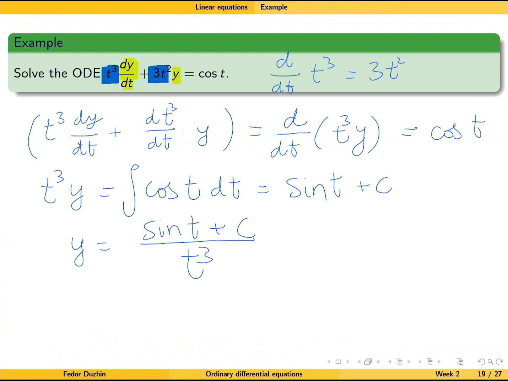But it's not probably clear how we can generalize this to solve all possible differential equations, because the reason we were able to do it is due to the fact that the left-hand side of our original differential equation has this nice form. So it is something times the derivative of the unknown function plus the derivative of that something times the unknown function. And then, therefore, it's the derivative of the product.